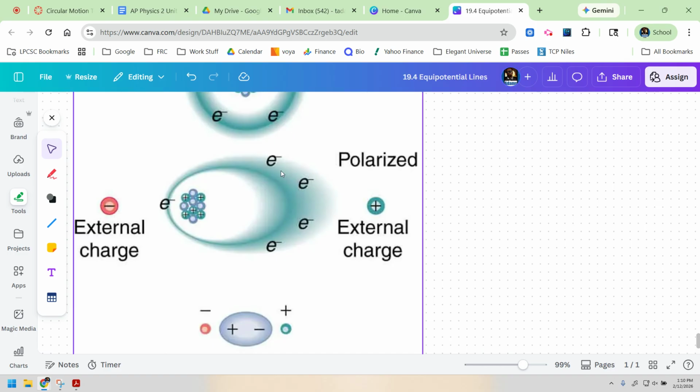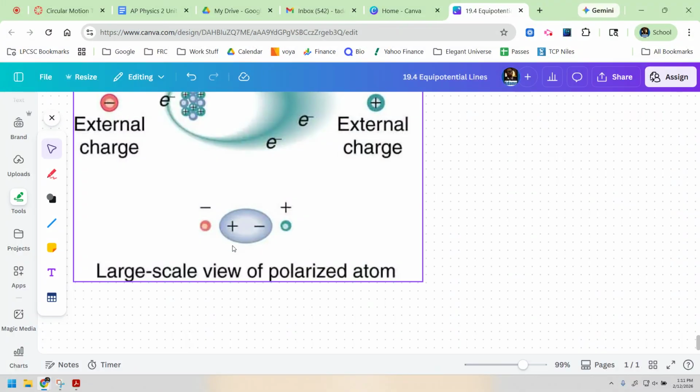Polarized means that the electrons spend a little bit more time with an external positive charge and kind of avoid an external negative charge. So here we have a negative charge that's outside of the atom, and over here we have a positive charge. It's considered to be polarized because this side is more negative, because we have more negative charges on this side, and this side is more positive, because we have more positive charges on this side. So when we say a polarized atom, this is kind of what's going on more often than not.